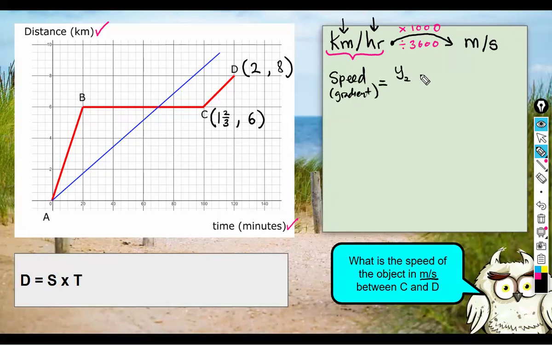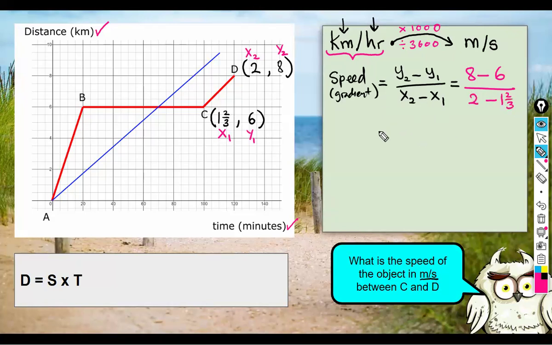So it's y2 minus y1 divided by x2 minus x1. The first point, call it x1 and y1. Next point, call it x2 and y2. y2 is 8, y1 is 6. x2 is 2, x1 is 1 and 2/3.